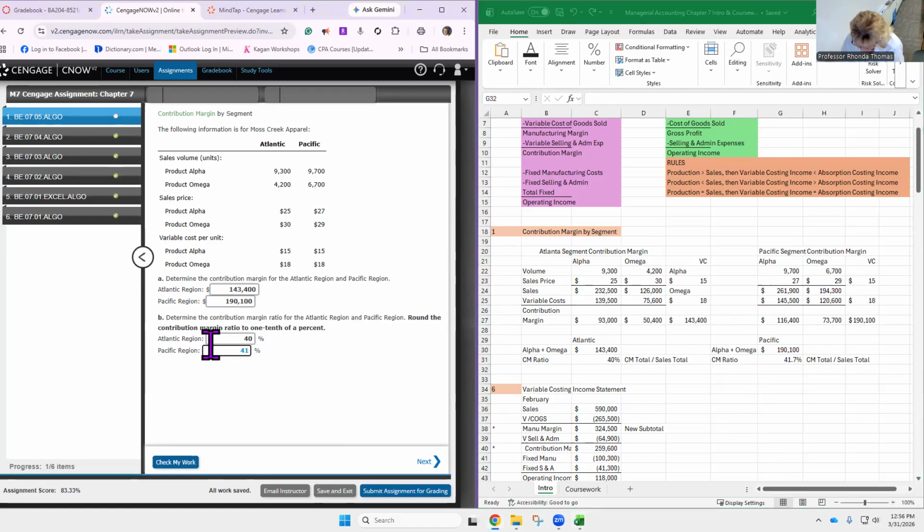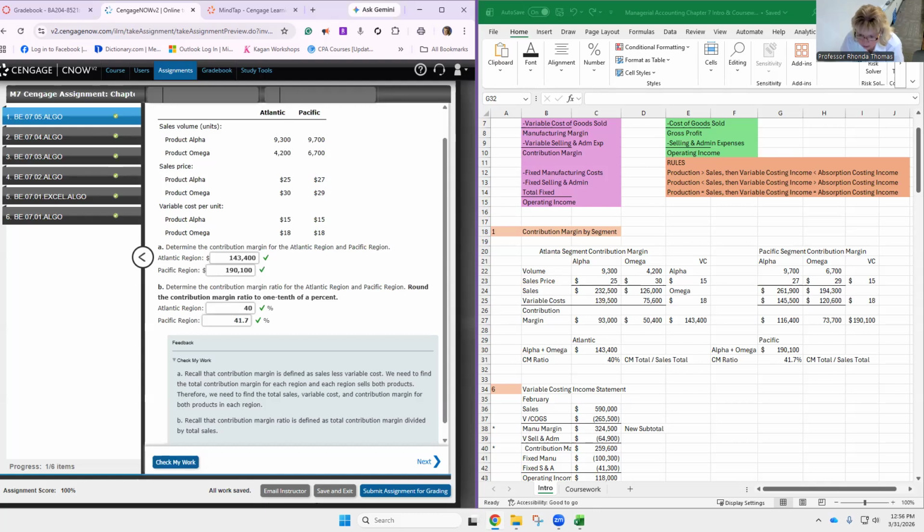So it looks like the Pacific segment contribution margin is a little better. This segment is doing a little bit better. But you would think it would be more when you look at the difference in the dollars.